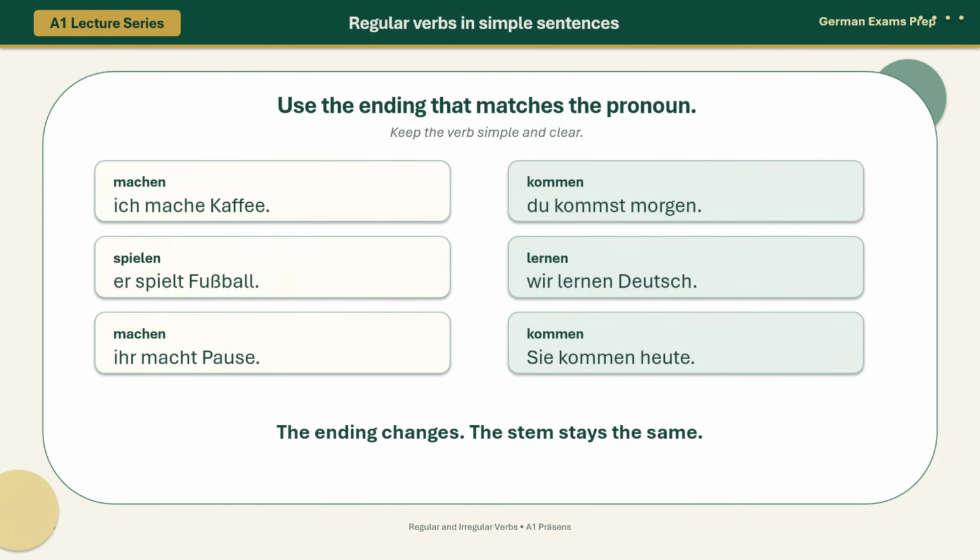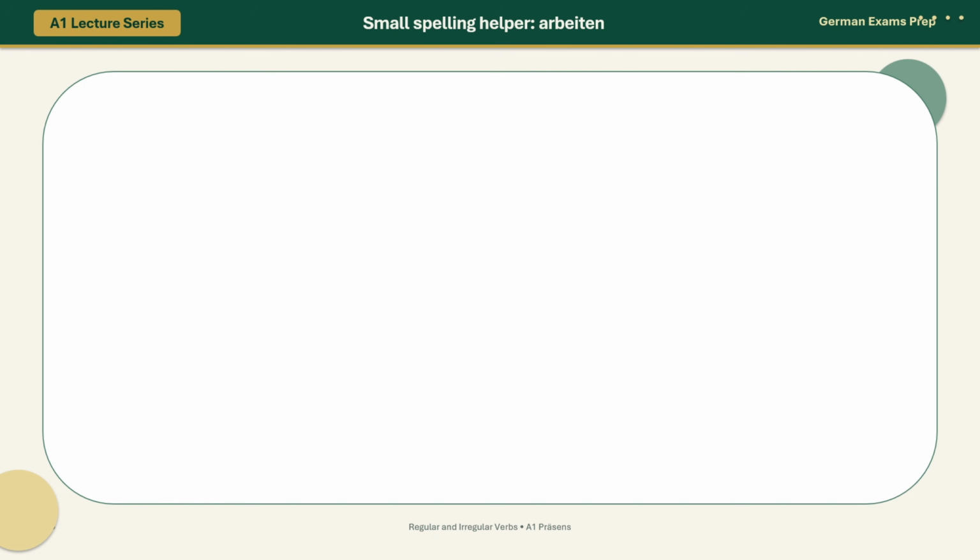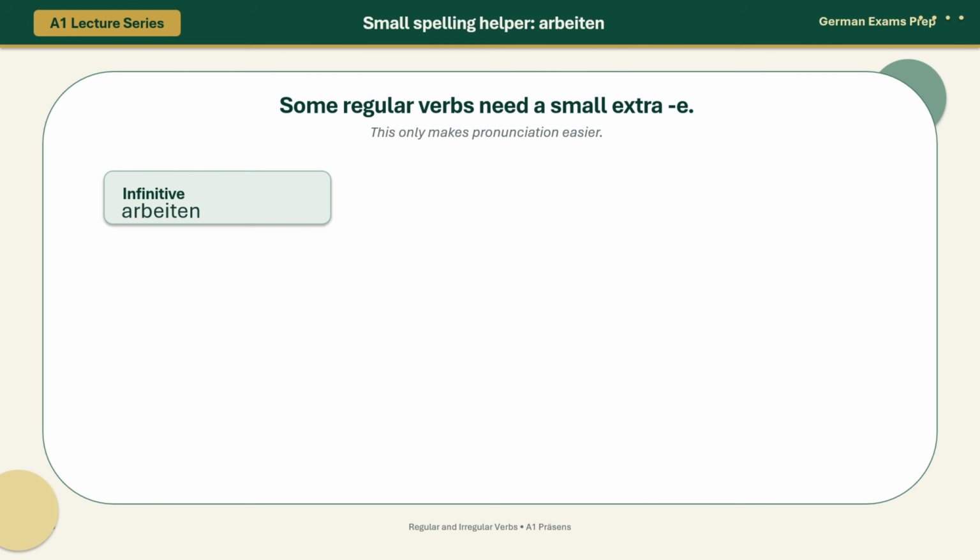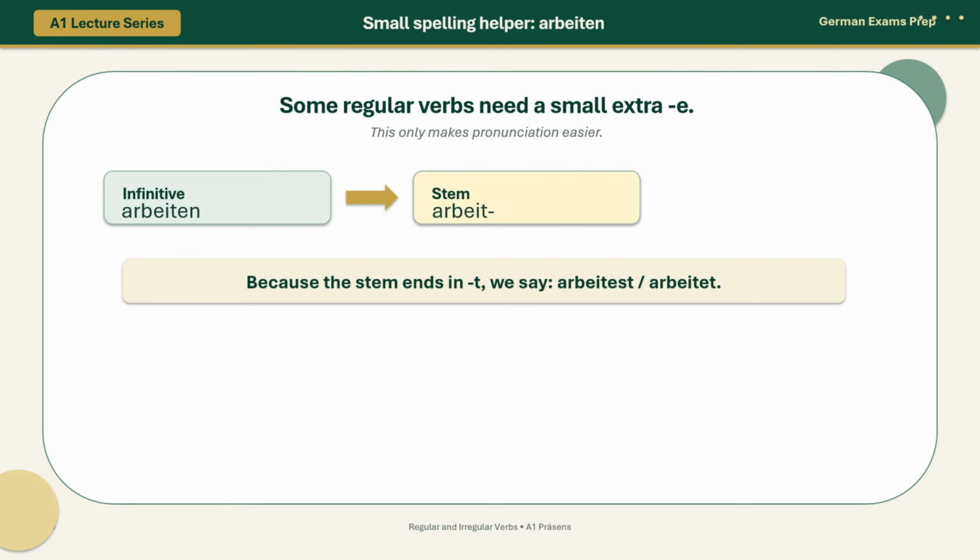Now, some regular verbs need a small extra e. This happens because the word would be difficult to pronounce without it. Look at the verb arbeiten. If we remove en, the stem is arbeit. Because the stem ends in t, we say du arbeitest, not du arbeitst, right?